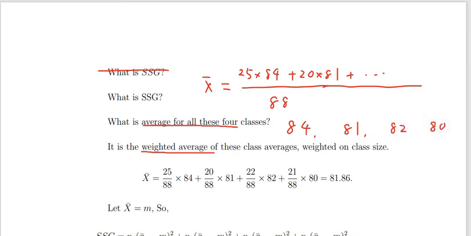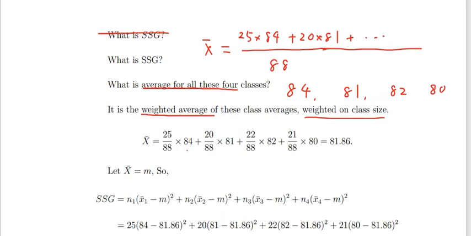The average for all is a weighted average of those 4 averages, weighted on class size, or number of students. So this equals 25 times 84, 20 times 81, 22 times 82, 21 times 80, divided by the total, which is 88.